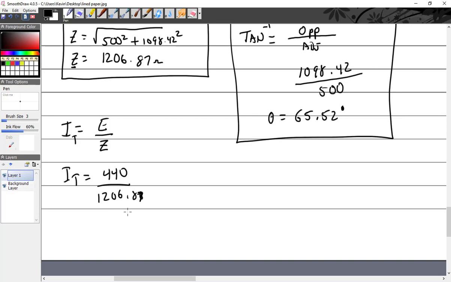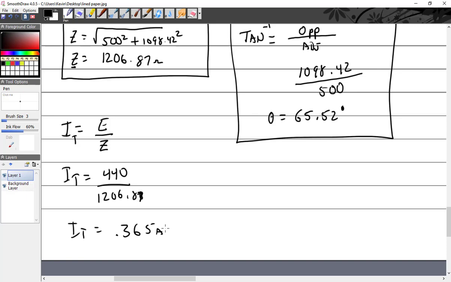So 440 divided by 1206.87 equals, I total is 0.364, we'll say 0.365 amps. All right, so we got I.